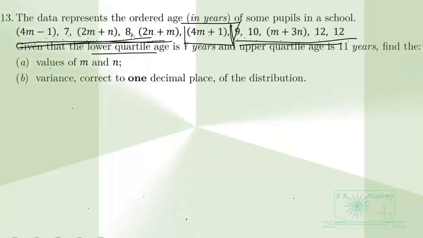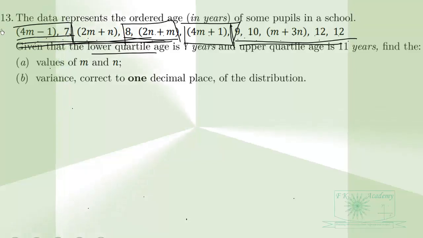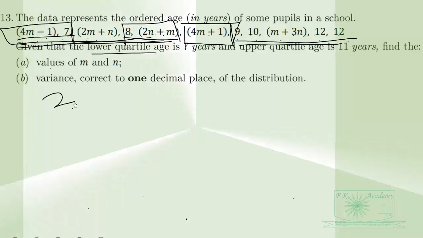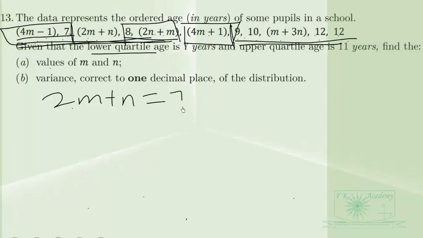So we have 5 values, and the median of the lower half is the lower quartile, which is 2m plus n. So 2m plus n is equal to 7, according to the question.